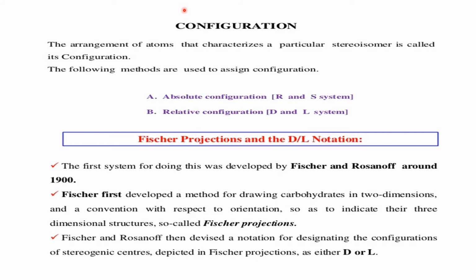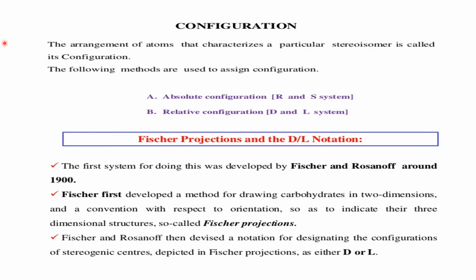And these arrangements around a particular carbon atom in a compound predict the optical activity of that compound. Hence, the study of configuration of organic compounds is very, very important.